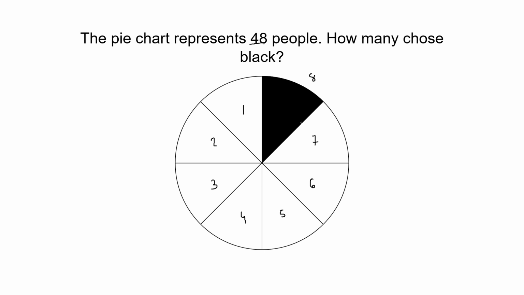So it's 8 sections, and we know that there's a total of 48 in our whole pie chart. So we do 48 divided by 8, and that gives us an answer of 6. And now it says how many chose black. So we'll have a look how many sections of our circle are black. There is 1, so we do 1 multiplied by 6, which gives us an answer of 6.